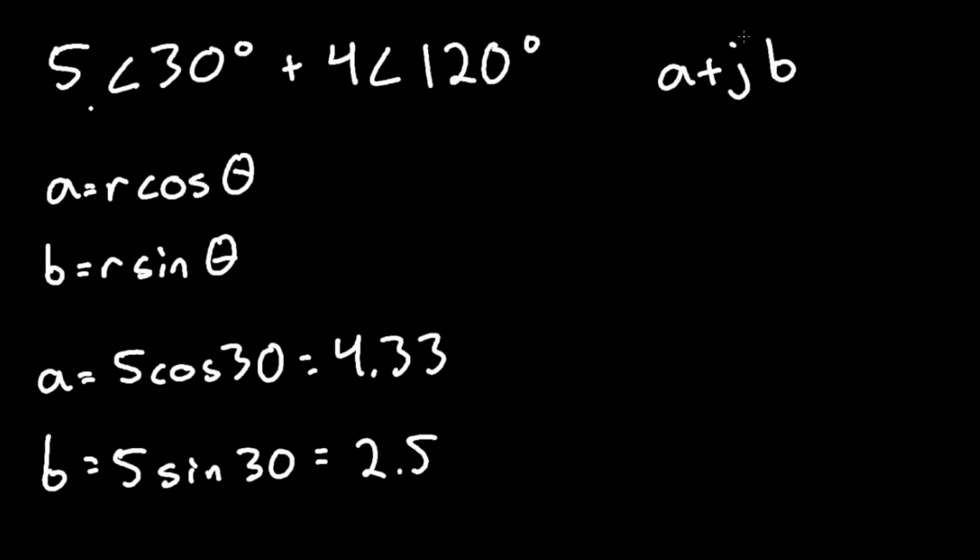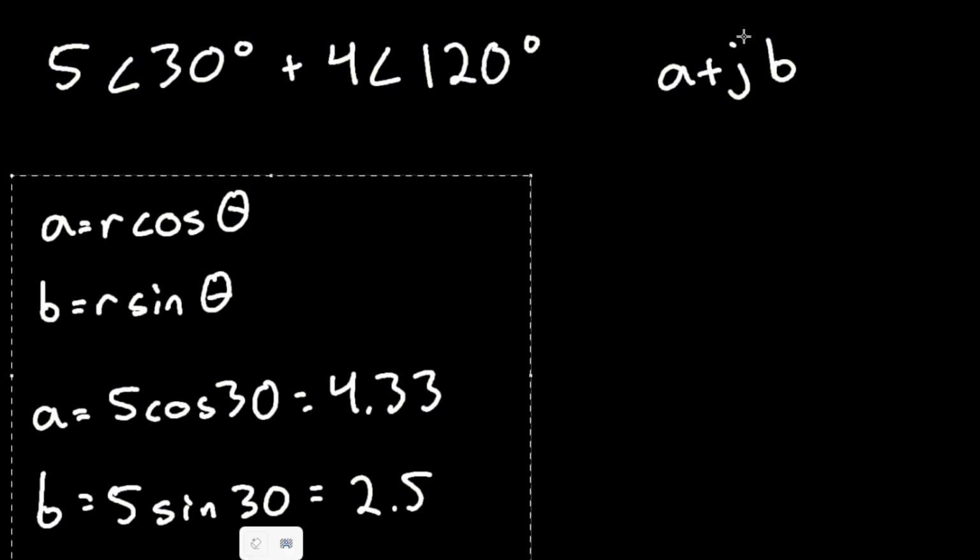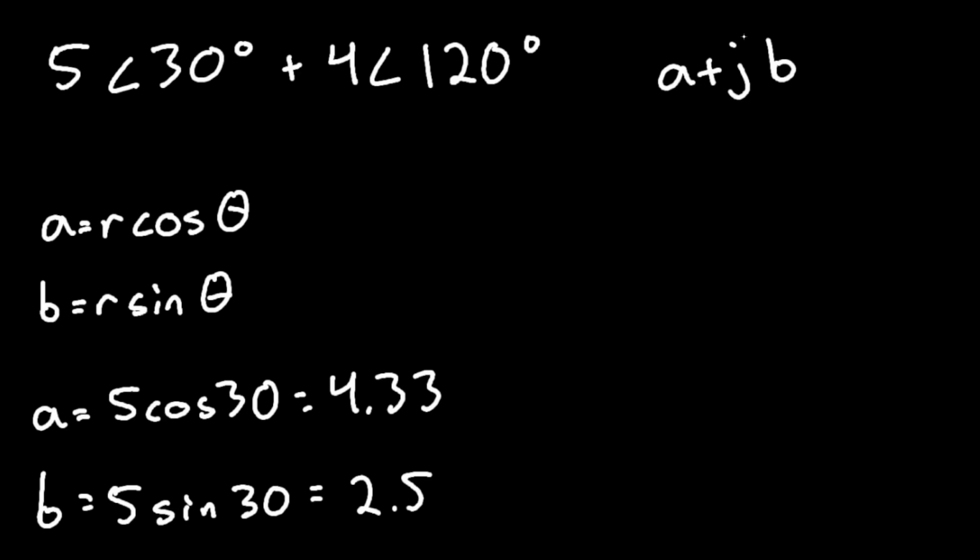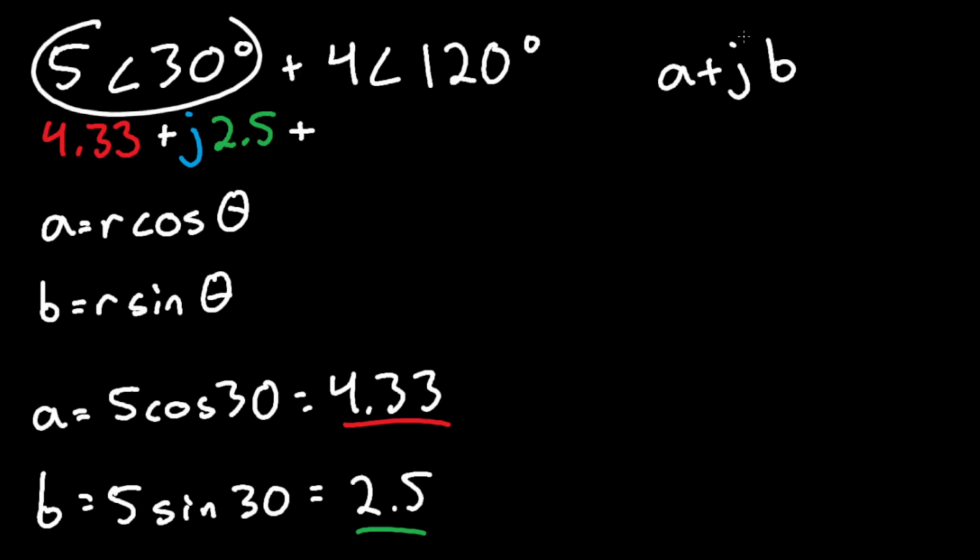Alright, so that means the complex number for this guy right here is simply, let's underline these with colors actually to make this easier, 4.33 plus j 2.5. Right? So this is the complex number that represents this polar coordinate in the Phasor domain.